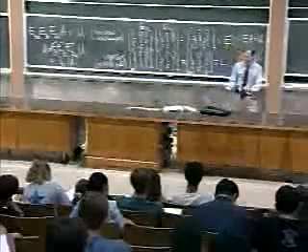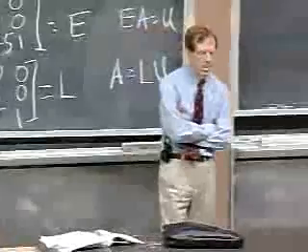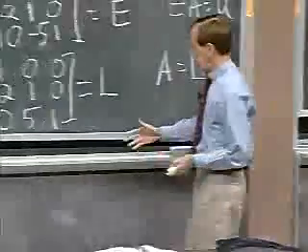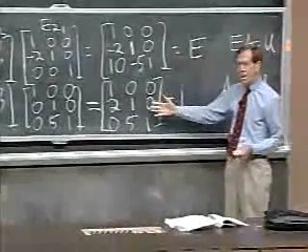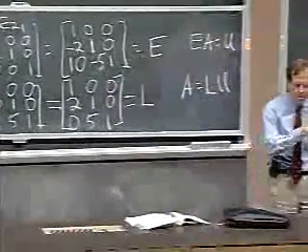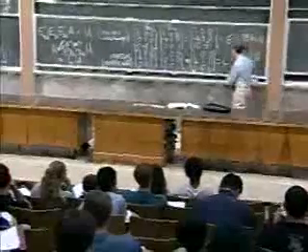The 2 and the 5 don't sort of interfere to produce this 10. In the right order, the multipliers just fit in the matrix L. That's the point. If I want to know L, I have no work to do. I just keep a record of what those multipliers were, and that gives me L.